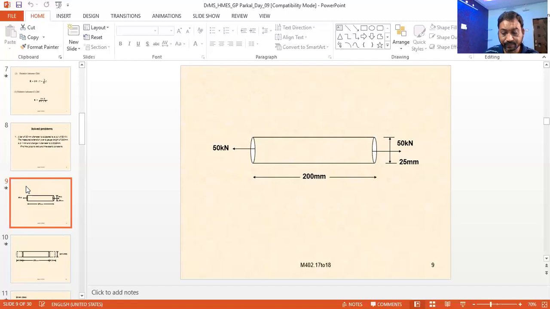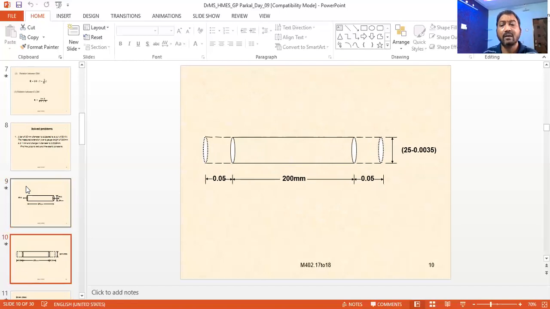It is subjected to an axial pull, that is a tensile force of 50 kN at both ends. Now this is the given problem, and here due to the application of the force, the extension is observed to be 0.1 millimeters. That means from the midpoint, on both sides it will have an extension of 0.05 millimeters.